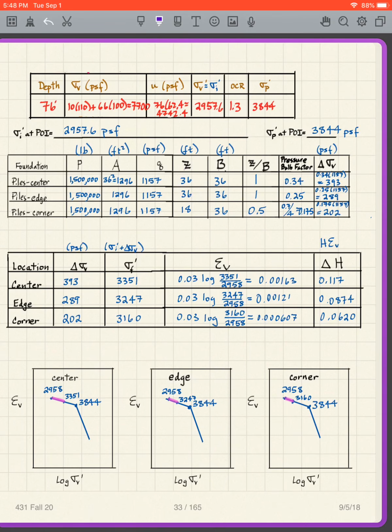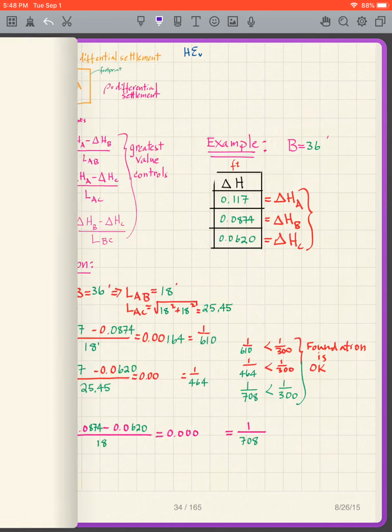And then we do our little trick, which is to use our pressure bulb, we divide that by 2 to get our corner stress. The B is the 36, which we already said, and so Z over B, I just divide that, I get 1. That one I get 0.5. Then what do we do? We go into our pressure bulb, and remember we do our trick.